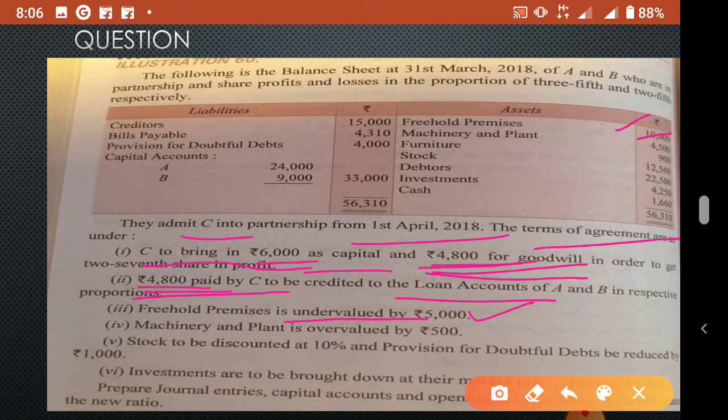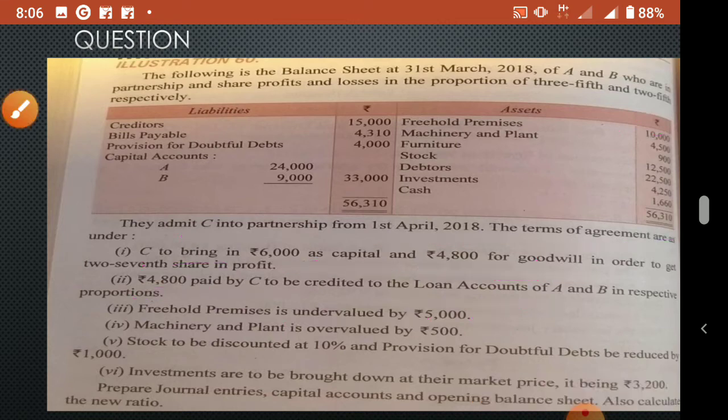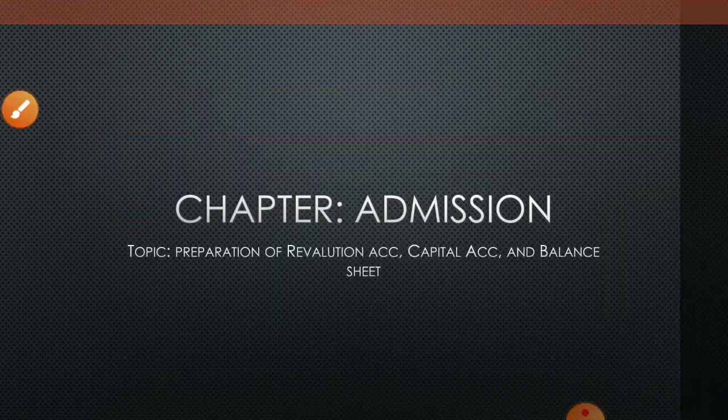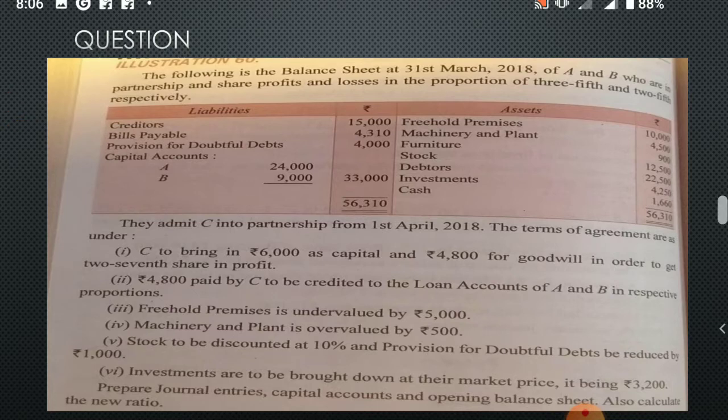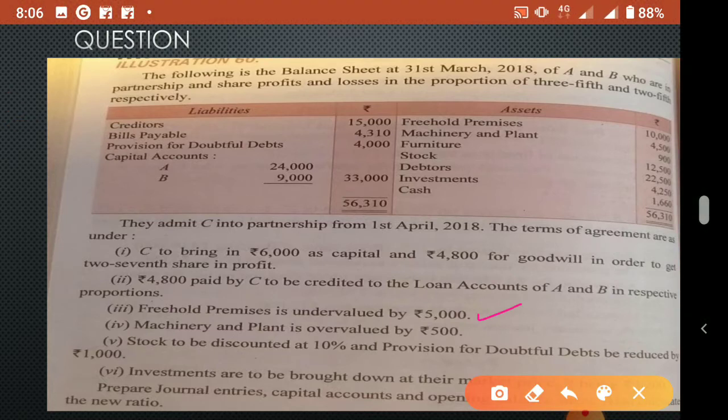Remember, in the revaluation account we take only the difference, a decrease or an increase. But here freehold premises undervalued by 5,000. Whenever they say by with any amount, you have to take the same amount, 5,000 only. Don't take the difference.